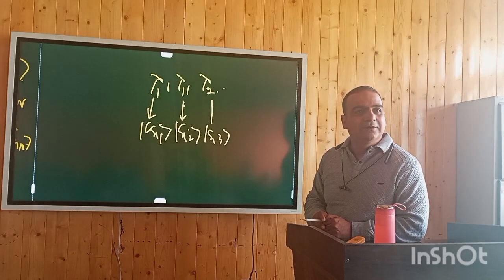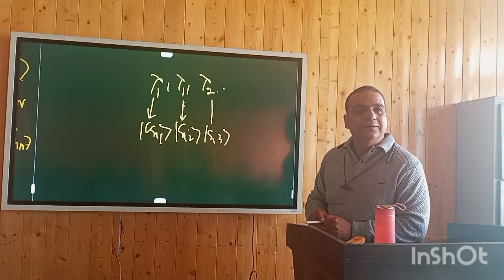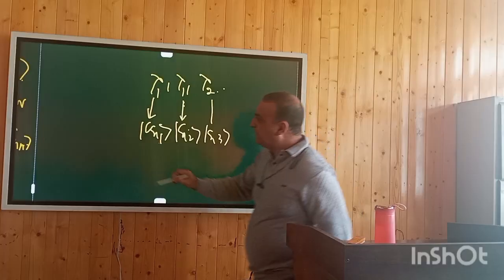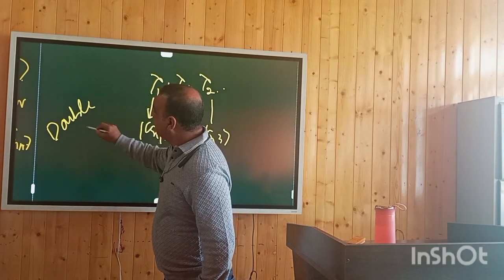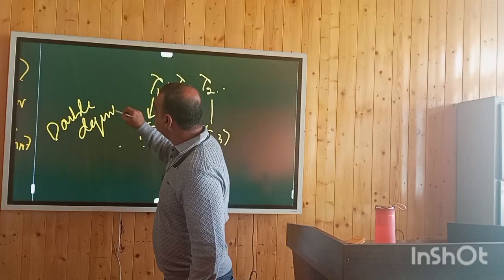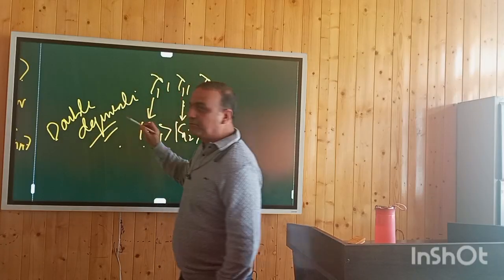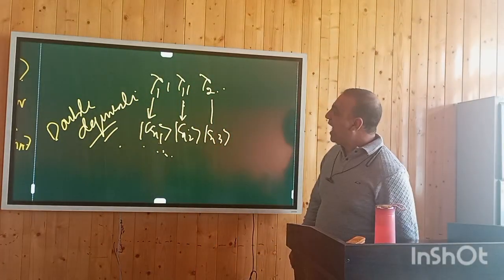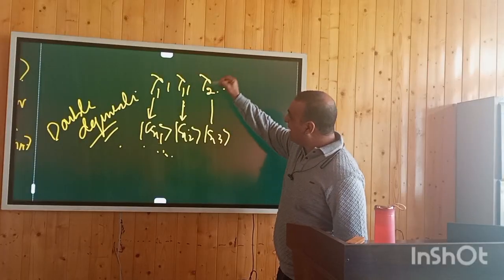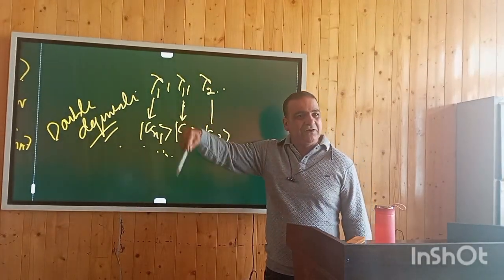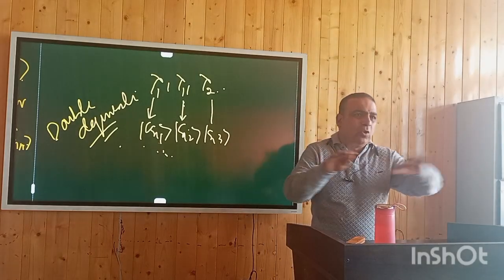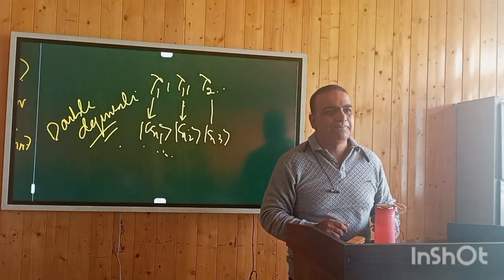What will I call it? We call it doubly degenerate. Okay? Double degenerate. And if you have lambda, and you have zeta 1, zeta 2, zeta 3, zeta 4, zeta 5, then this whole thing is degenerate.